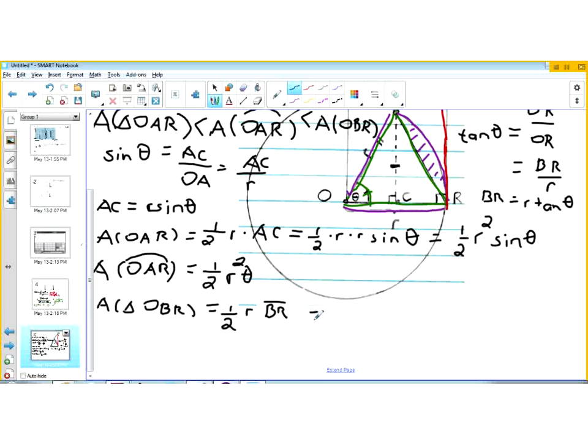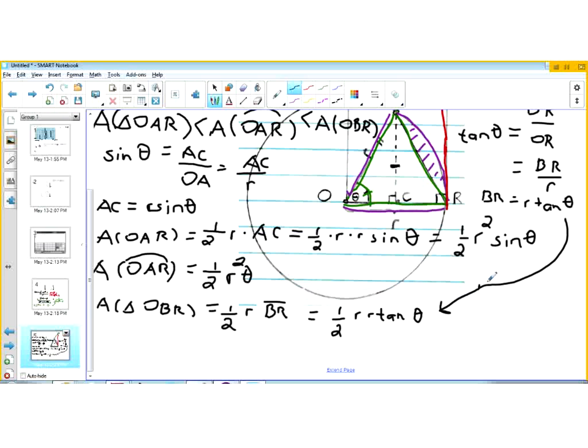Okay, and now we'll plug in the expression for BR. Since we know that BR is a function of theta, we know that the area of triangle OBR is a function of theta. So that would be R times R tan theta. Okay, because BR comes from here. That's all I did, I substituted.